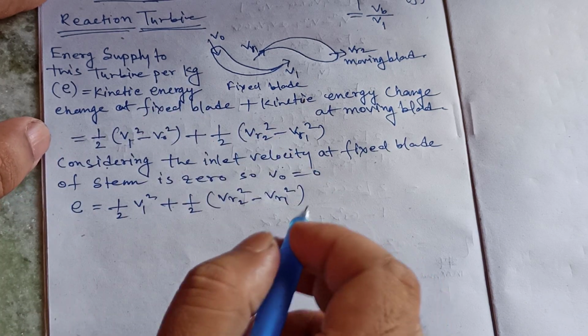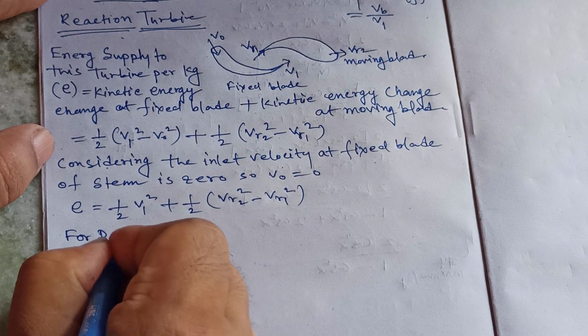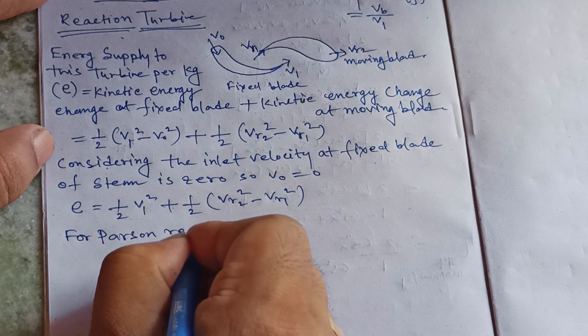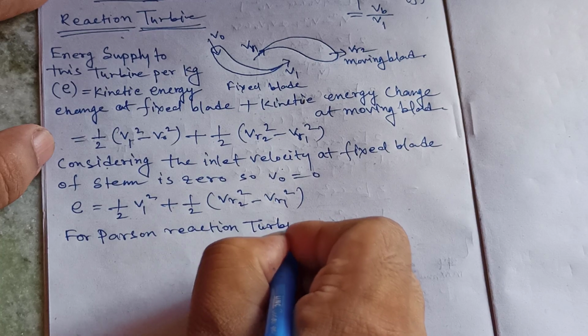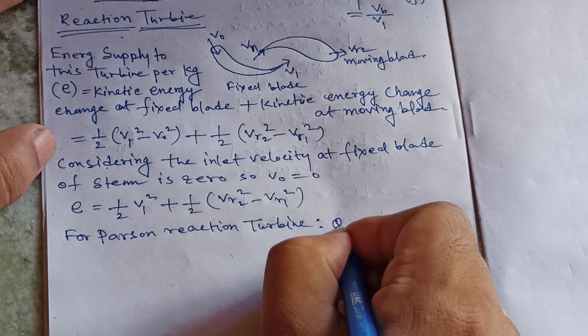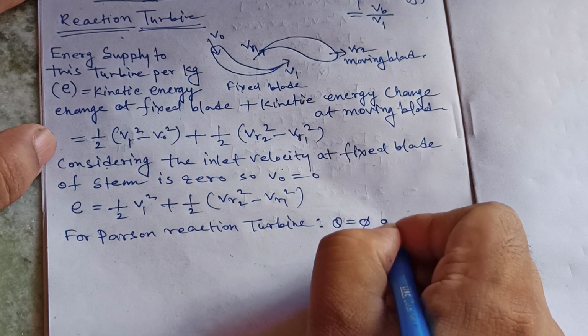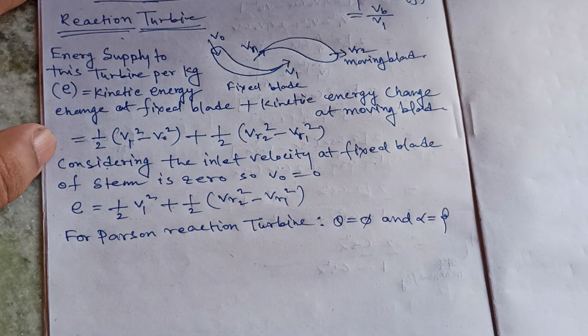Considering this turbine is a Parson reaction turbine. So for Parson reaction turbine, theta equals to phi and alpha equals to beta.